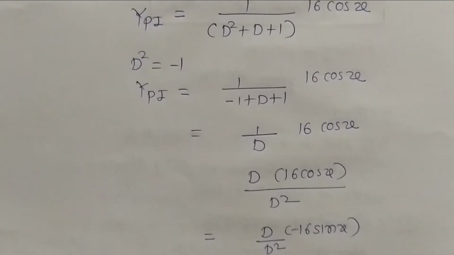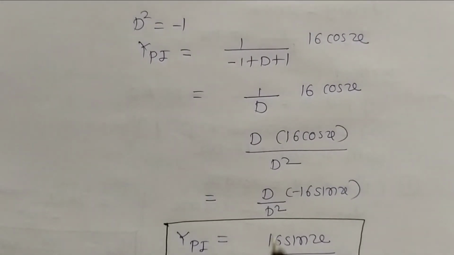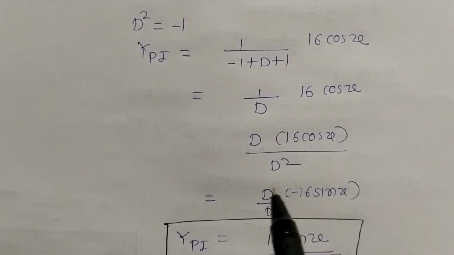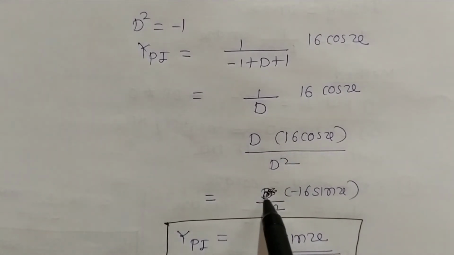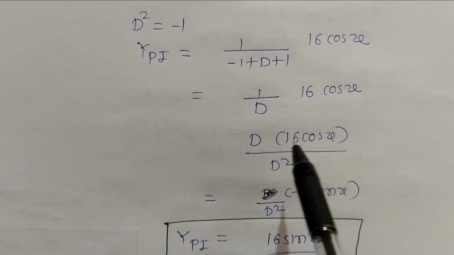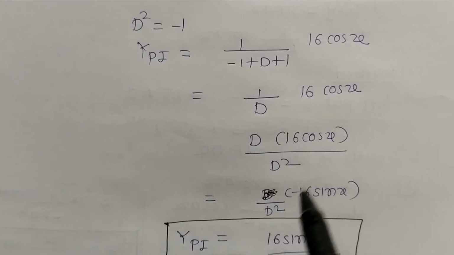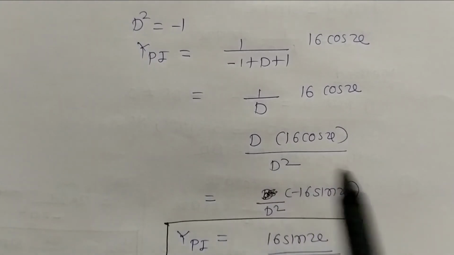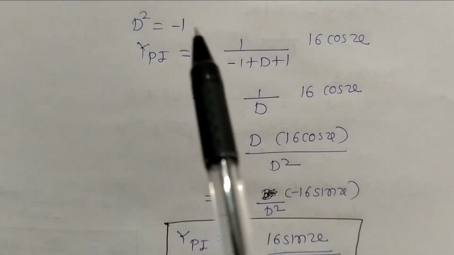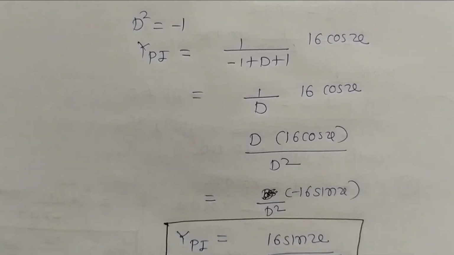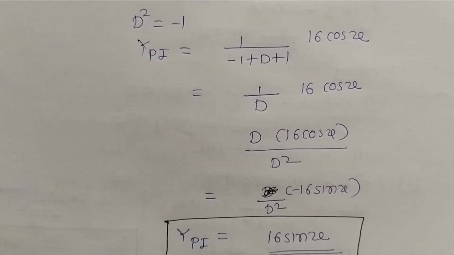One minute, this is not D. When we differentiate 16 cos x, 16 as it is, and the differentiation of cos x is minus sin x, that is minus 16 sin x upon D squared. Now we put D squared equal to minus 1, then minus 16 sin x upon minus 1 becomes 16 sin x. So the solution of this is 16 sin x.